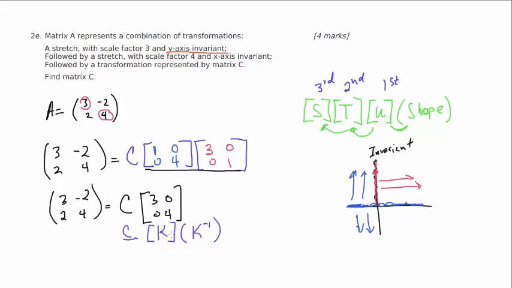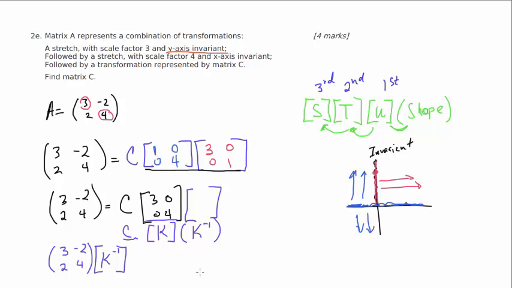And I write this out to show that K, this inverse matrix, is going to be written to the right of the matrix. And so over here I have 3, 2, negative 2, 4, and to the right of it is where I need to place matrix K.